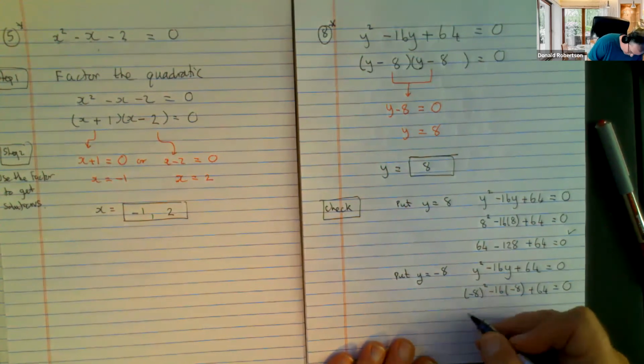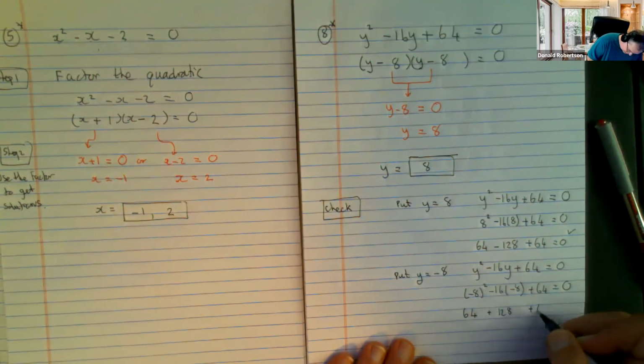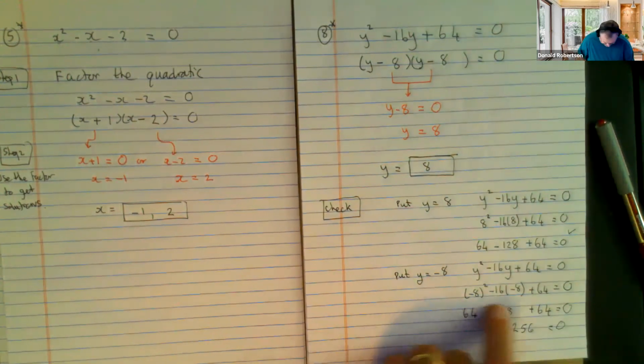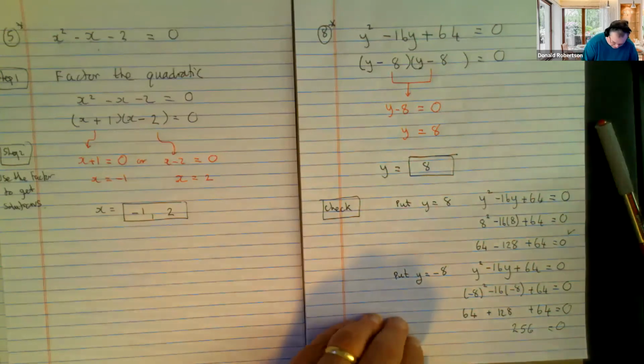Well, negative 8 times itself is positive 64. That guy times that guy is positive 128. And that guy is also positive, and it's plus 64. And if you put them all together, do you see that the answers don't match? That's 256. It's not 0. I know that I'm wrong.